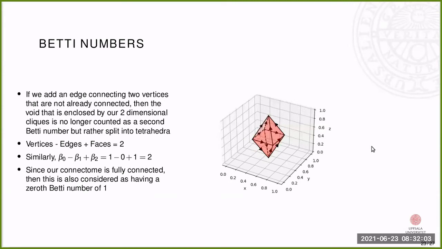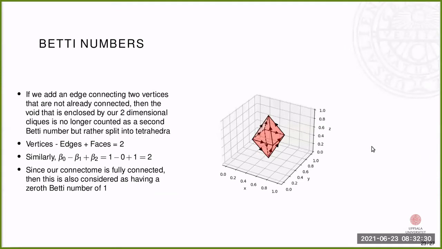And as a further point, if we were to connect 2 vertices in this figure that aren't connected already, then the 2-dimensional cliques that are enclosing this void would no longer exist, and rather we would have sets of tetrahedra instead.